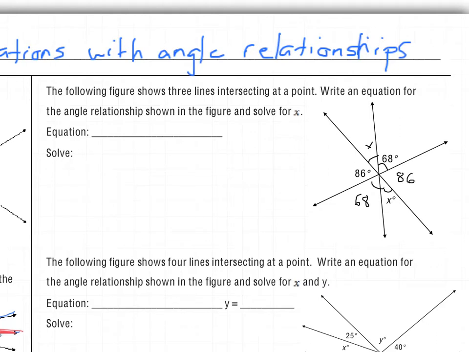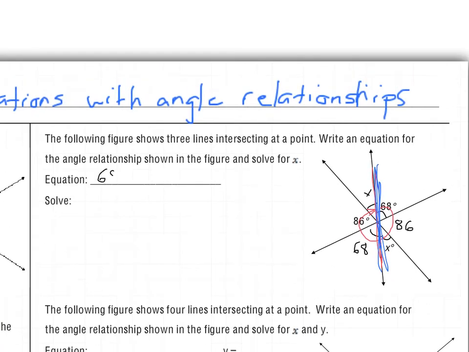Now I've got a couple of choices here. If I want to find the value for x, I can be writing with some straight lines, 180-degree angles, or I could be coming all the way around because I do know something about every piece. So really it's up to you. For me, obviously, 180, I'm going to go with the straight line. That's going to be a lot easier to deal with. And so I can write my equation, 68 plus 86 plus x is equal to 180 degrees.